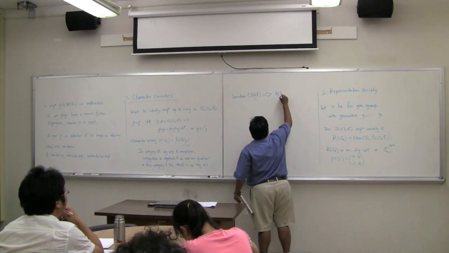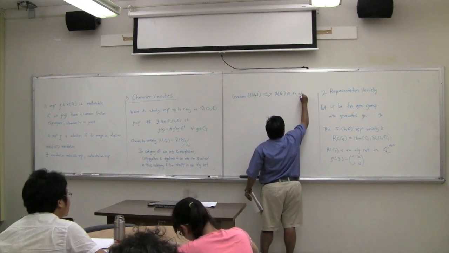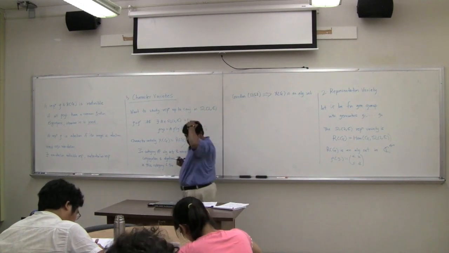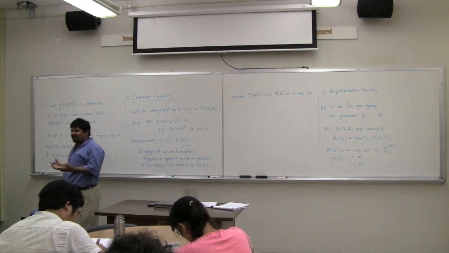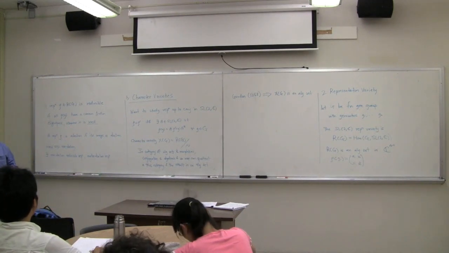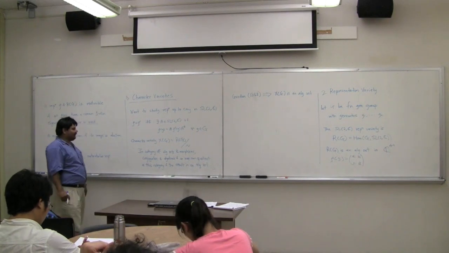So X of G is an algebraic set. But after we know this, then what? So we have really no means to do anything with this.